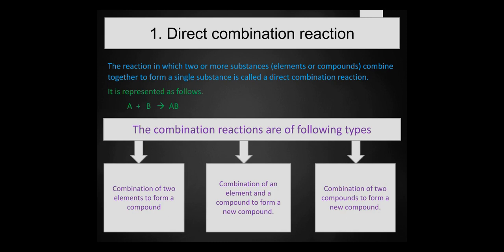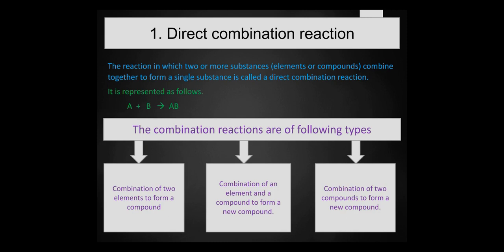Now combination reactions are divided into three categories. First is the combination of two elements to form a new compound. Second is the combination of an element and a compound to form a new compound. And third is the combination of two compounds to form a new compound.